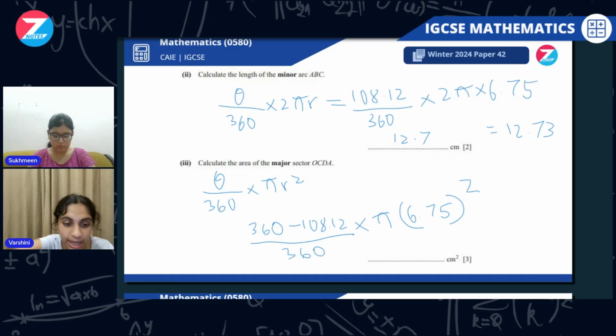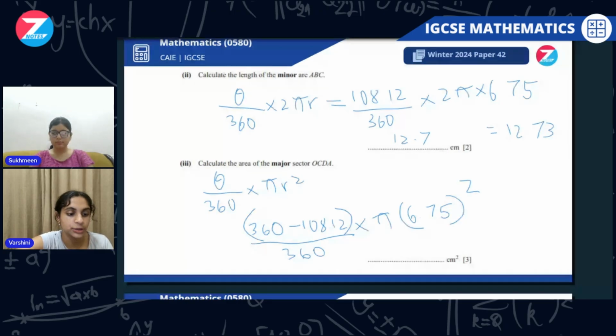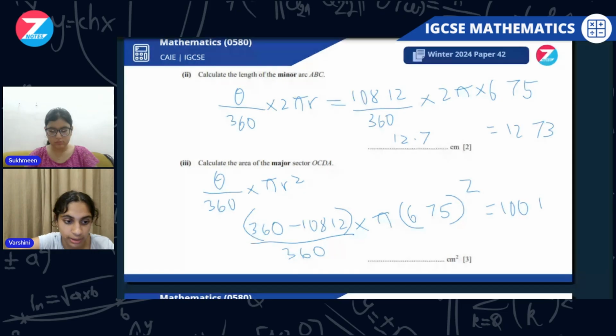And when you're putting this in your calculator, don't forget to add the brackets everywhere. 360 minus 108.12 divided by 360 into pi into 6.75 squared, and you'll get 100.1, which we can round off to 100.